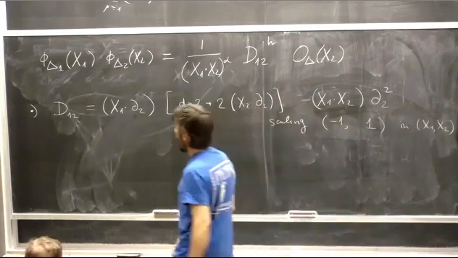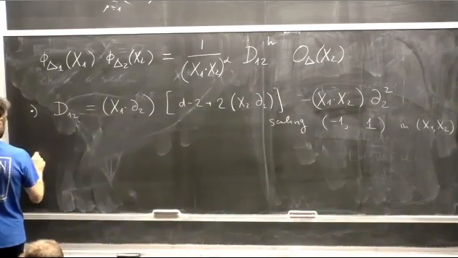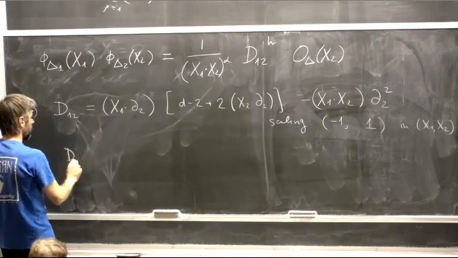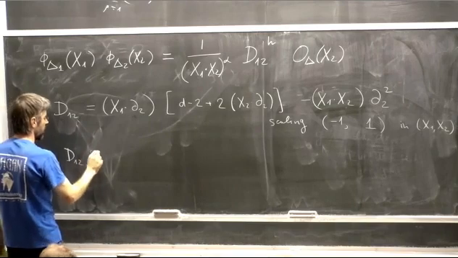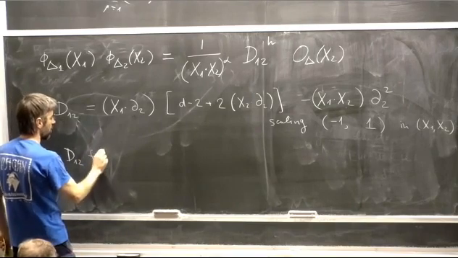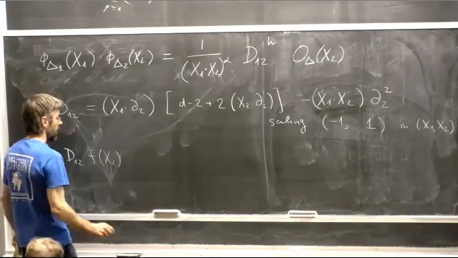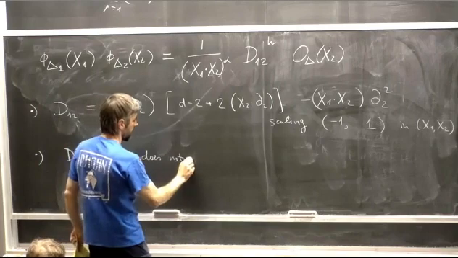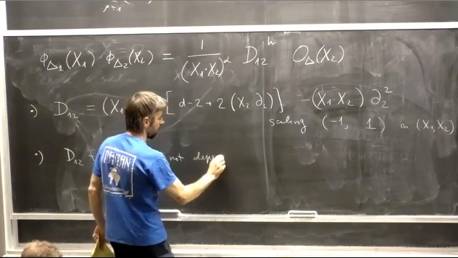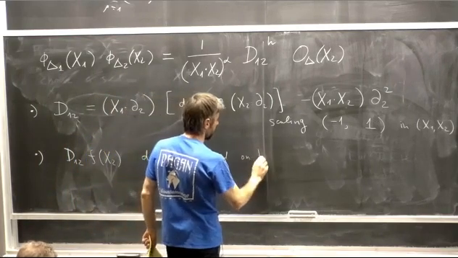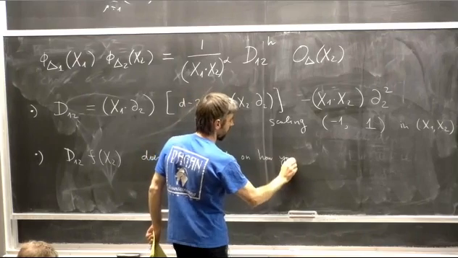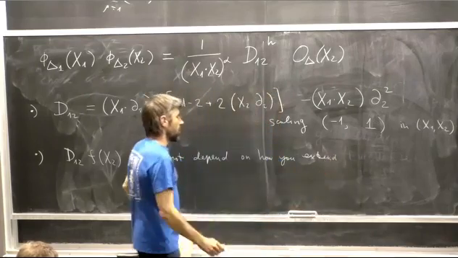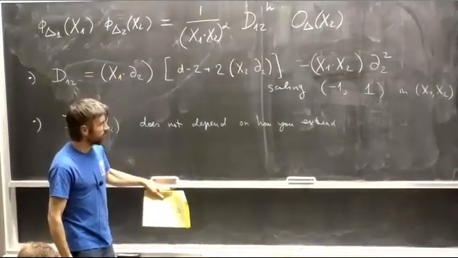This is a very special property of this operator d1, 2: if you take d1, 2 and act with it on some function f which lives on the cone, this does not depend on how you extend. How can you show this?